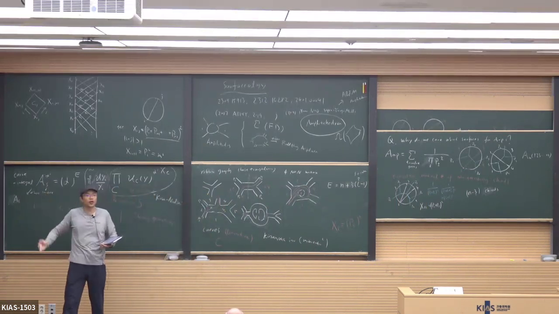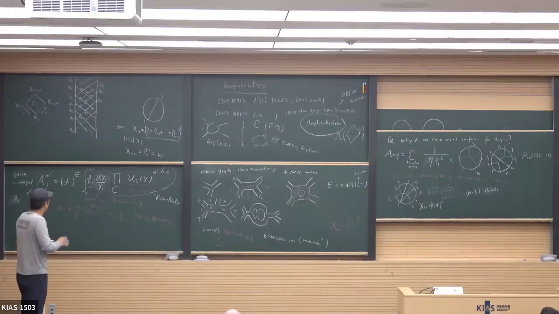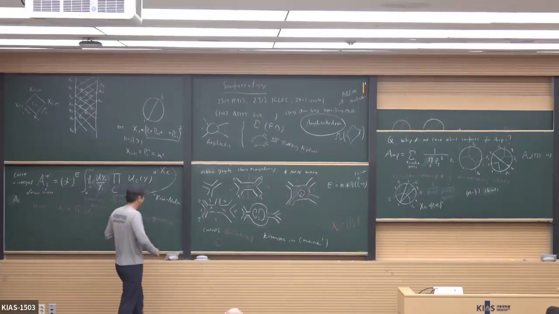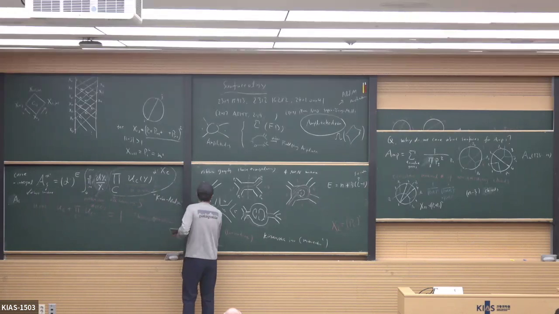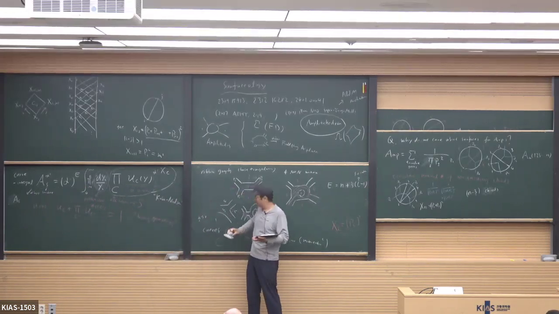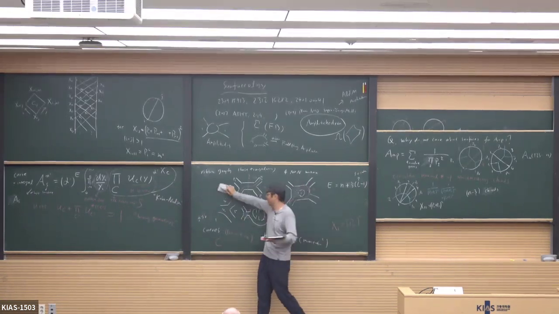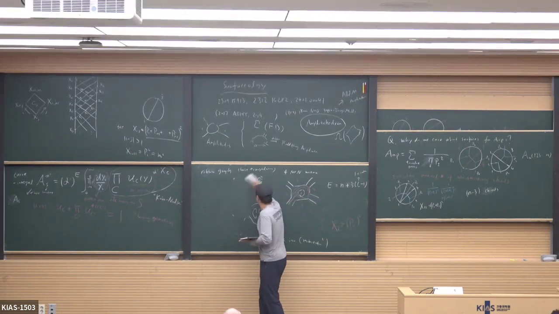Every u is a unique function of this y. I'll give you the rule later. But let me go back to tree level. Any other questions? For now, y are just integration variables, some positive variables that I'll explain later.